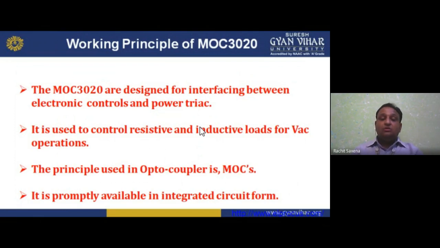The principle used in the optocoupler: basically we have one emitting diode and one sensing device. When the emitting diode is on, the sensing device conducts. That is the principle we use in the optocoupler, and the same is used in the MOC.